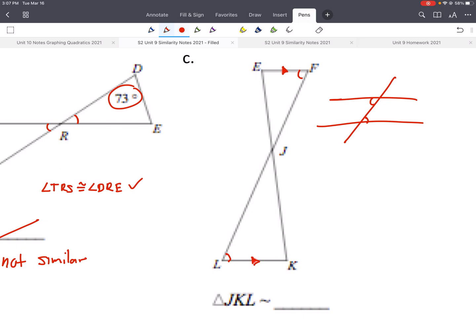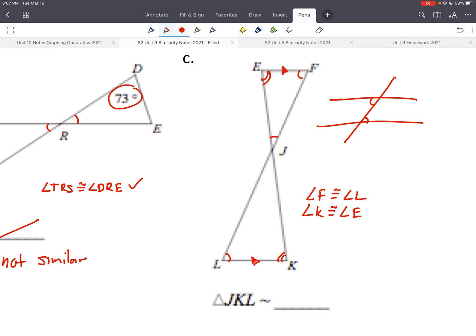So angle F and angle L are congruent. And if we need one more, we could know that these are the same also for the same reason. So we know that angle K is congruent to angle E.